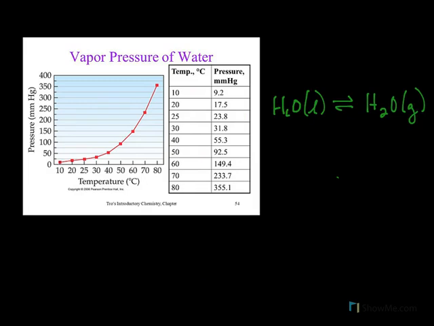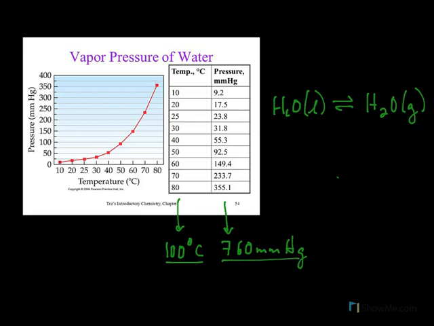So, when you heat the water all the way up to 100 degrees Celsius, the vapor pressure of the water, the value they don't show on this table, is going to now equal the vapor pressure of the atmosphere. So that obviously will go up to 760 millimeters of mercury.